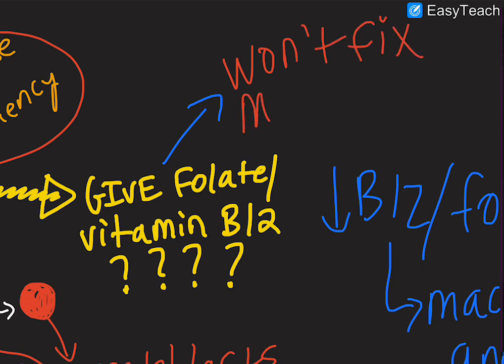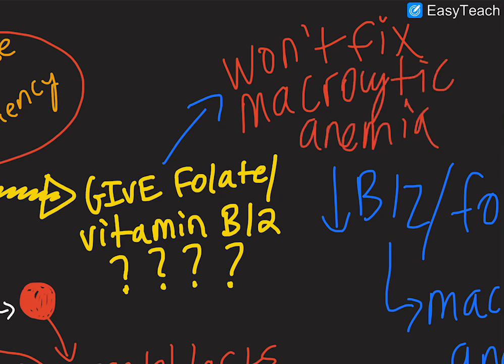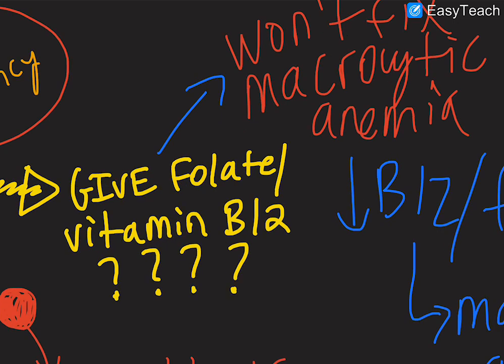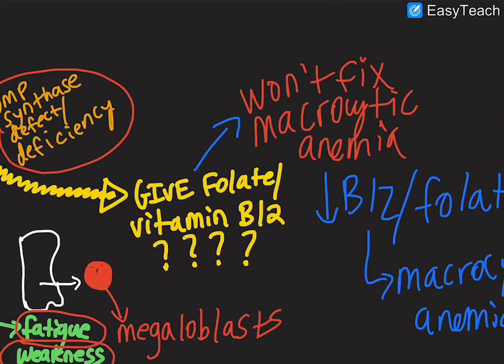It won't fix the underlying macrocytic anemia, because the macrocytic anemia is not because of a folate deficiency or a B12 deficiency. It's because of a UMP synthase deficiency, so you're not properly synthesizing DNA, okay?